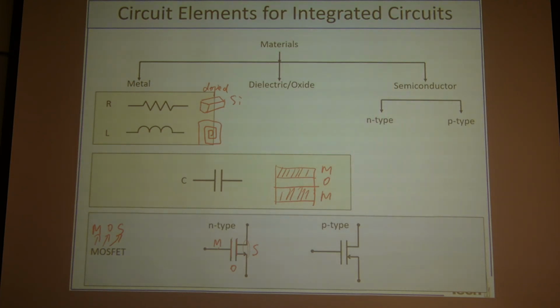For integrated circuits for digital systems, you mostly deal with the MOSFET and the capacitor, and sometimes we consider the resistor for the interconnect. The inductor is rarely used, so we don't even have that for the digital circuit.